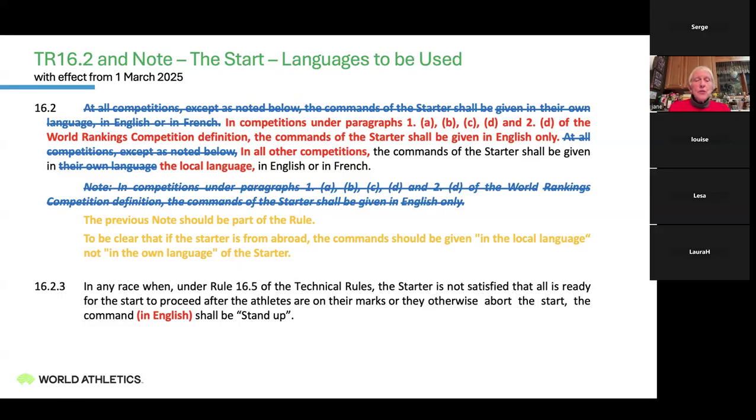In any race, when under Rule 16.5 of the technical rules, the starter is not satisfied that all is ready for the start to proceed after the athletes are on their marks, or they otherwise abort the start, the command, now in English, shall be "stand up."